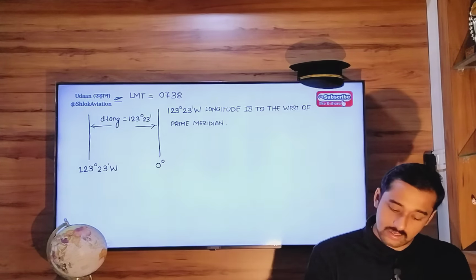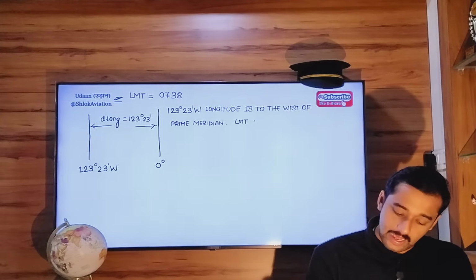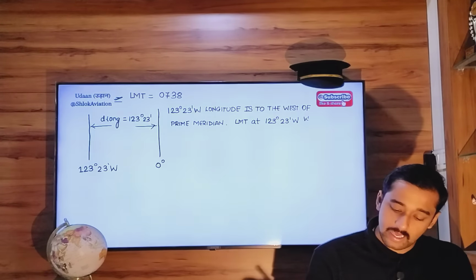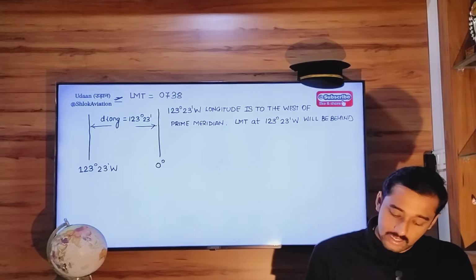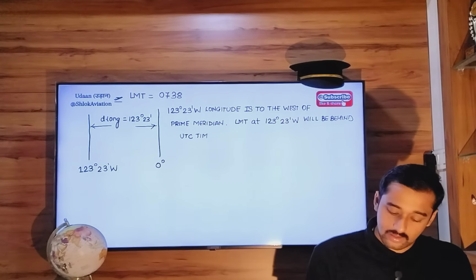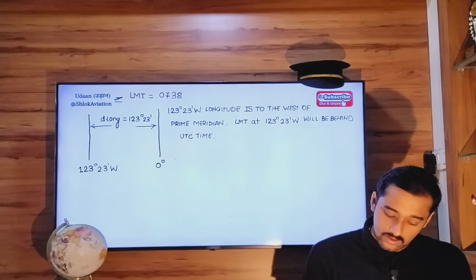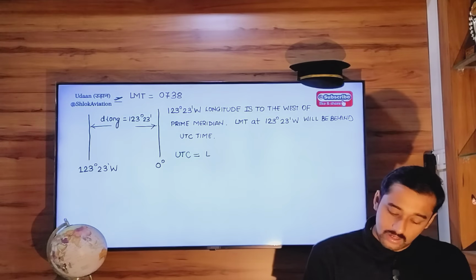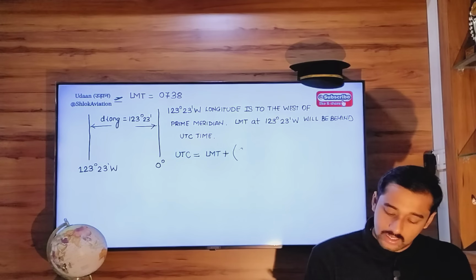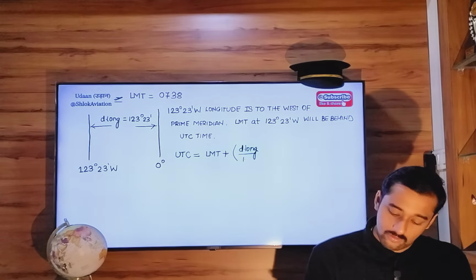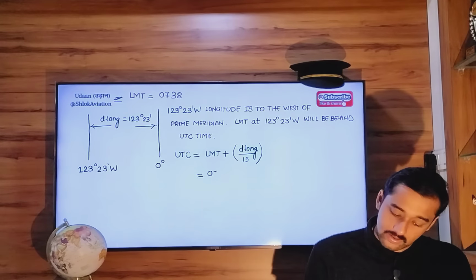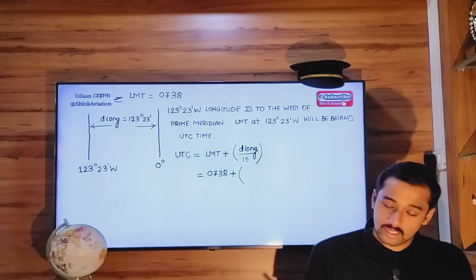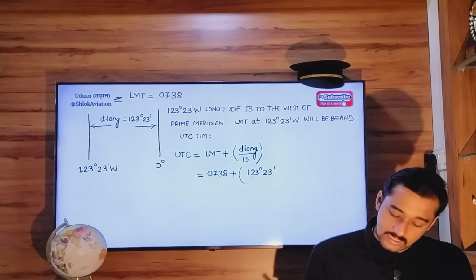Therefore, LMT time at 123°, 23 minutes west longitude will be behind UTC time. So the formula I'm using is UTC time equals LMT time plus D long divided by 15. LMT time is 0738. D long is 123°, 23 minutes divided by 15.